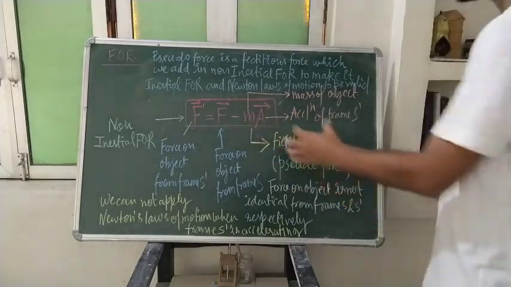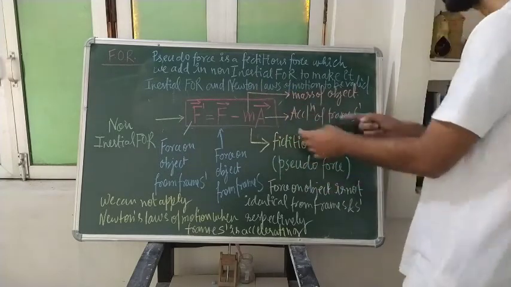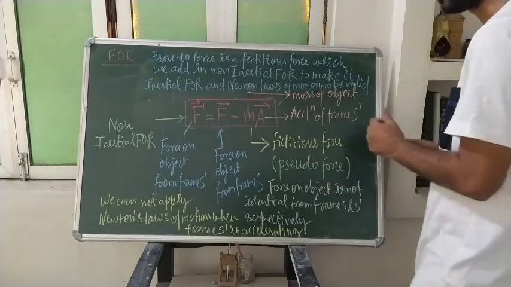So this pseudo force we are saying is the mass of that object multiplied by the acceleration of frame S prime.